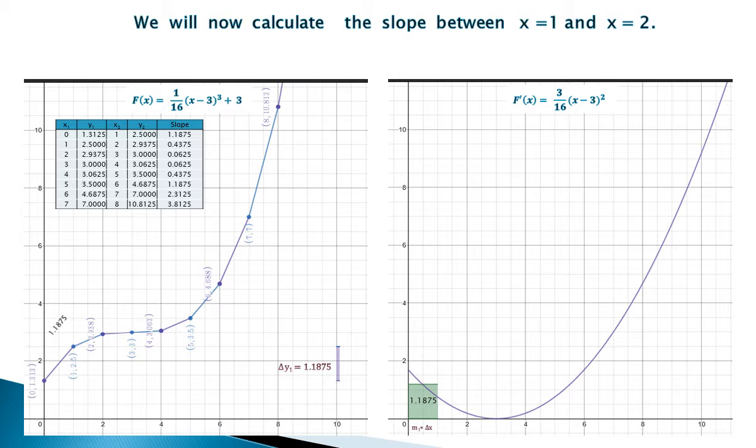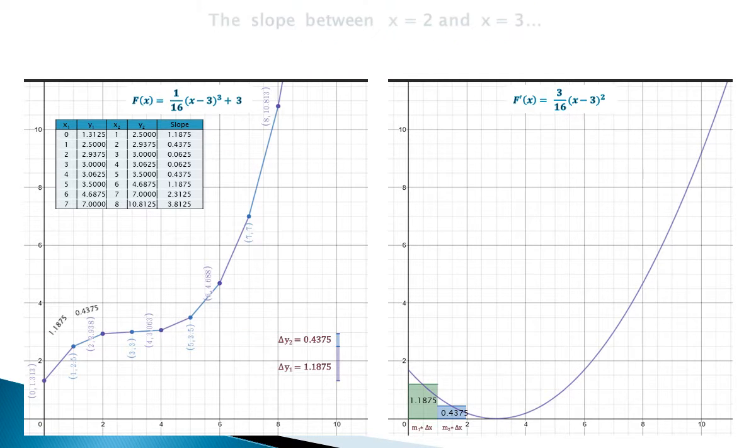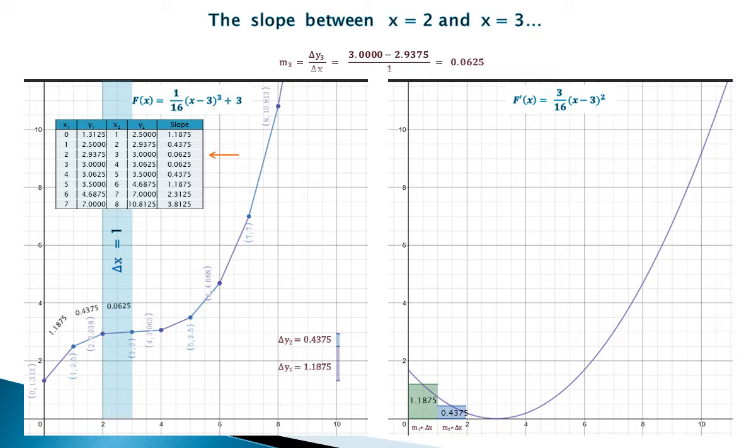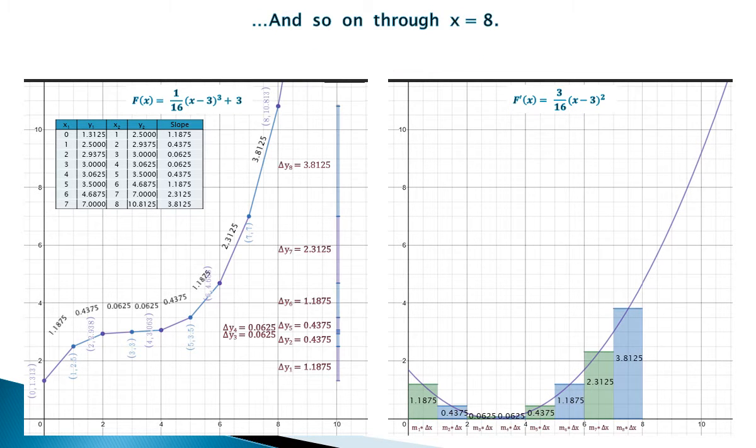We will now calculate the slope between x equals 1 and x equals 2 and represent this slope as a rectangle on the right and the change in f of x as a line segment on the left. The slope between x equals 2 and x equals 3, and so on through x equals 8.